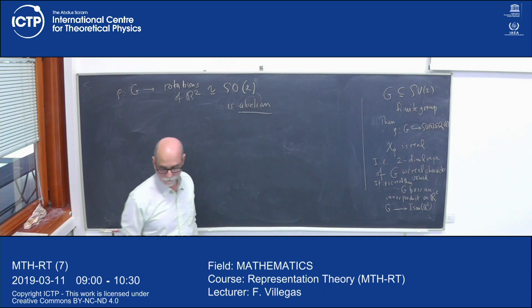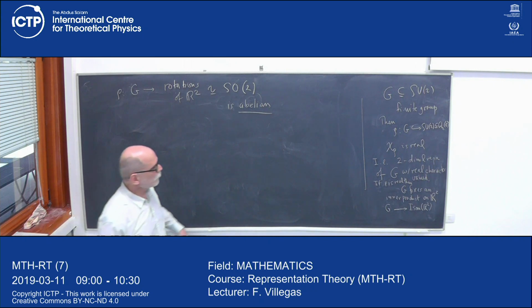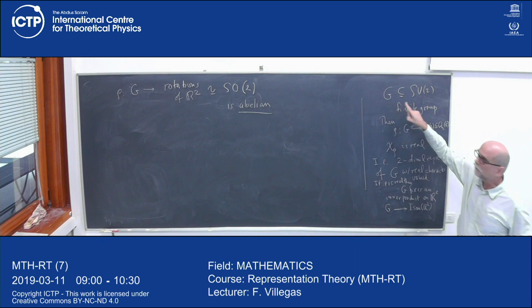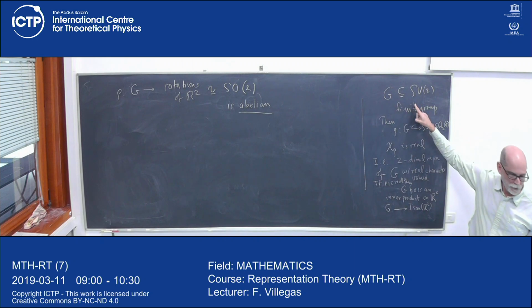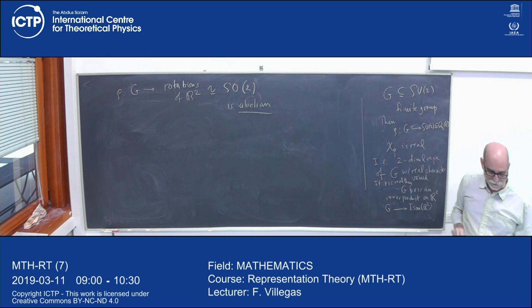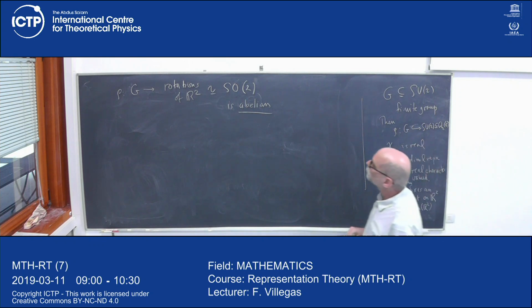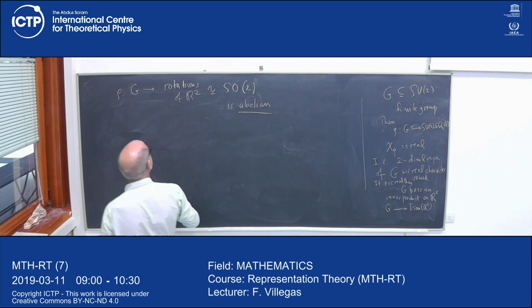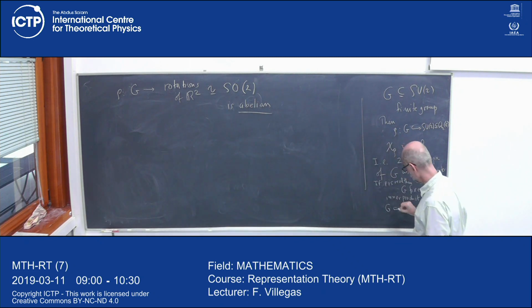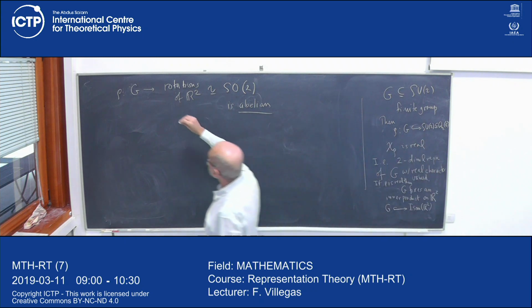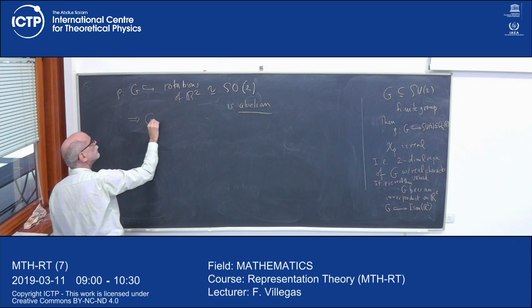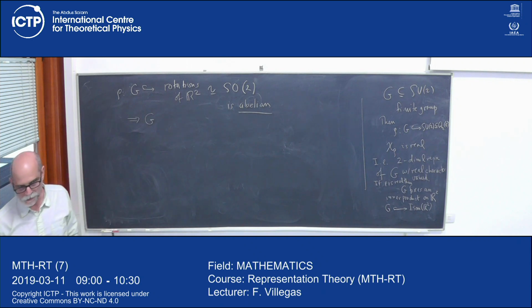So we started by assuming G was a finite subgroup of SU2. We deduced that G actually has to be a subgroup of SO2. I guess I could say that it is injected, nothing else will change. So G is a subgroup of an abelian group, then it has to be abelian.